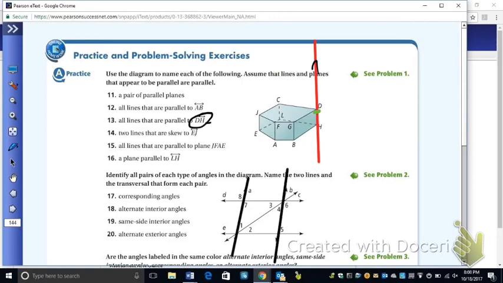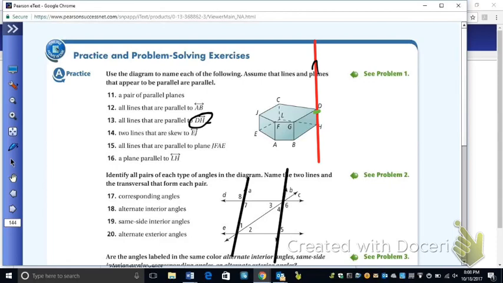Okay. So moving on, when we're looking at 17 through 20, keep in mind we are looking for 2 lines and the transversal. Now there are a total of 5 lines in there, which means that there are a total of 20 pairs of 2 lines, and then you add to that the different transversals, and you've got about 60 different pairings.